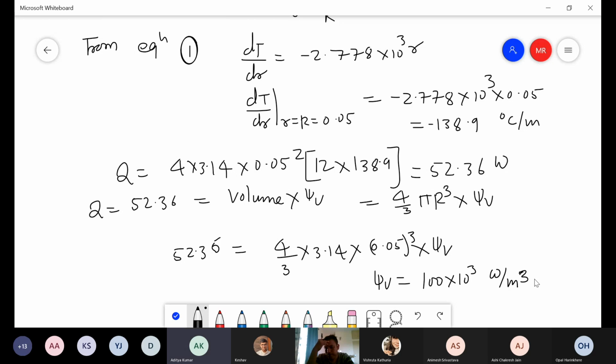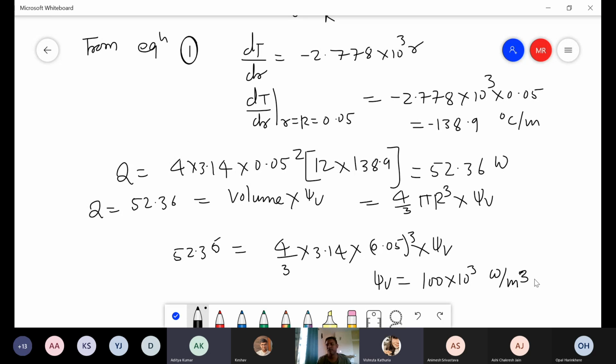Sir, if we apply a shell balance to a normal sphere, then we get minus k dT by dr equal to psi by R, so R is in the denominator. And for this temperature profile, when we calculated dT by dr, R is multiplied in the numerator. It is directly proportional to R, and from the shell balance we got inversely proportional to R.